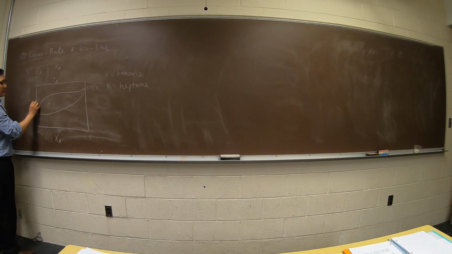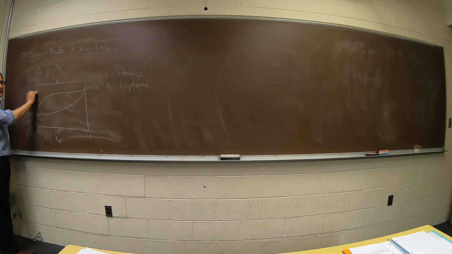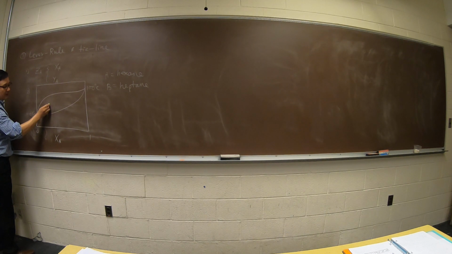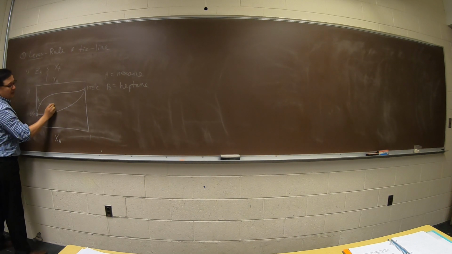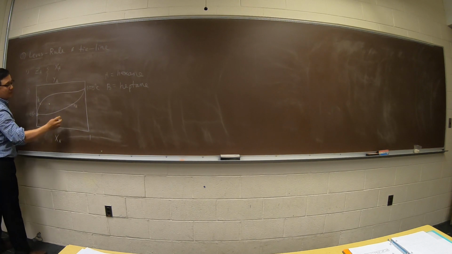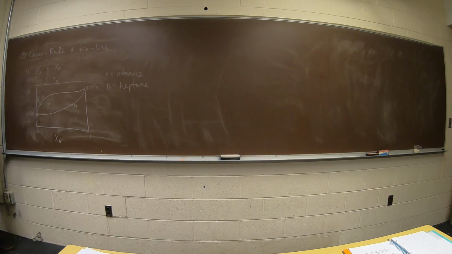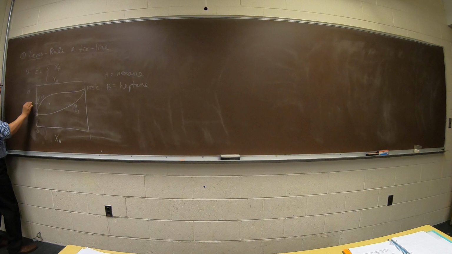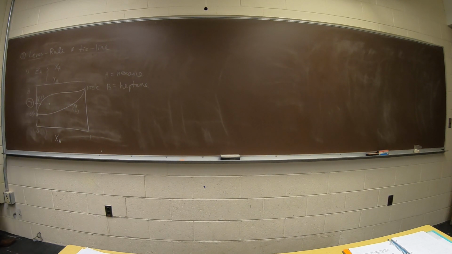At this temperature, which is higher than the heptane boiling point but lower than the hexane boiling point, somewhere in between, you get these two compositions. This is YA, this is XA, where this is a liquid and this is a vapor. So that's the composition in between, in your experiment at this designated temperature.